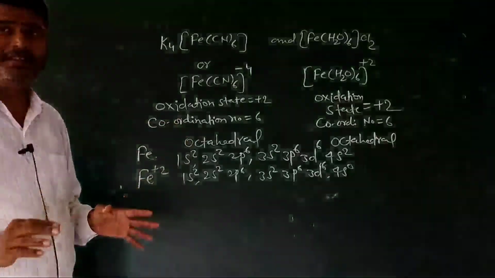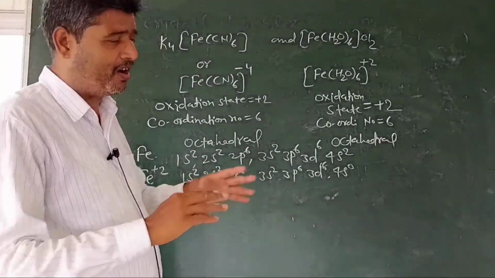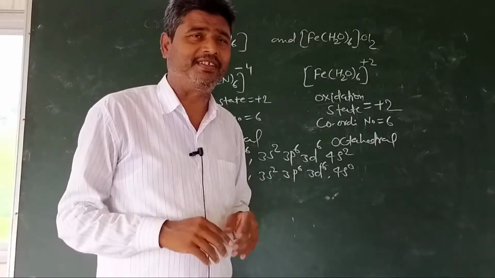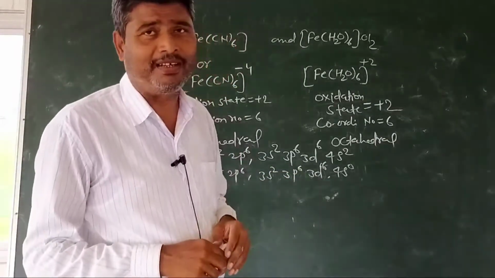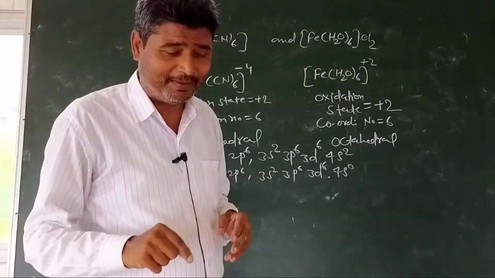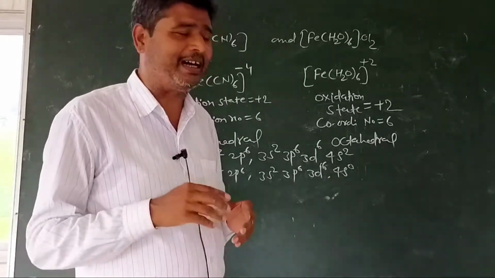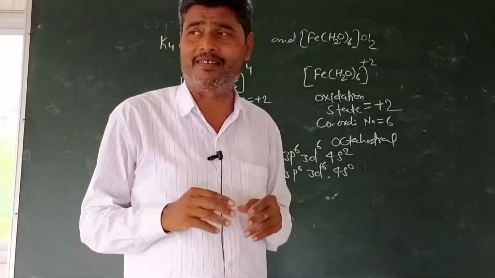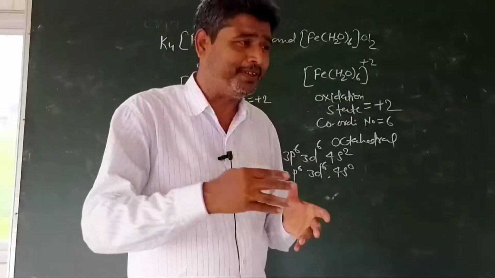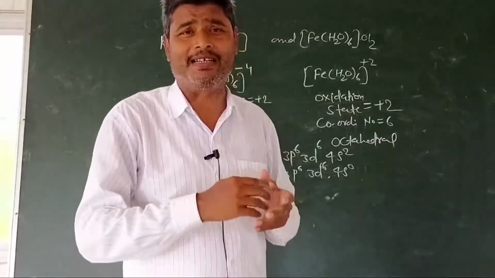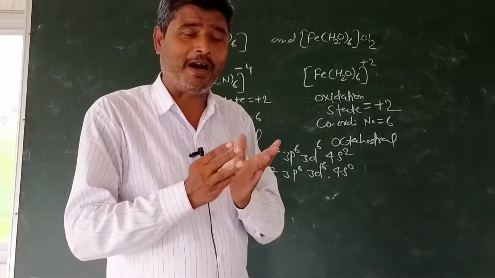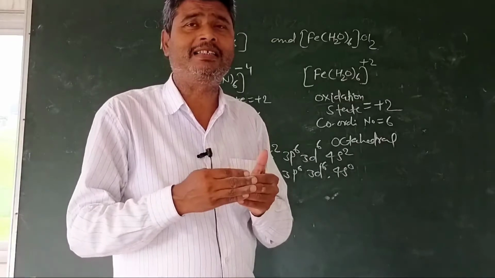So we will show crystal field theory for the octahedral complex and D6 system. In an octahedral complex, the axial orbitals dx2-y2 and dz2 experience maximum repulsion when the ligand approaches the central atom for the formation of a coordinate bond. Thus, axial d orbitals acquire high energy, that is the EG set.